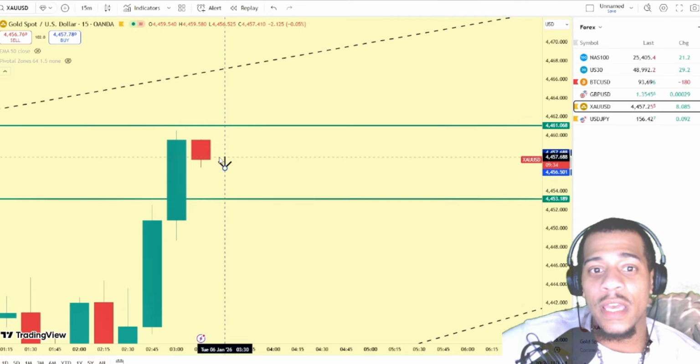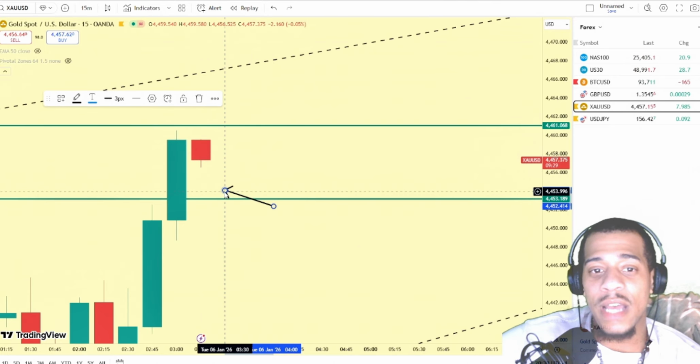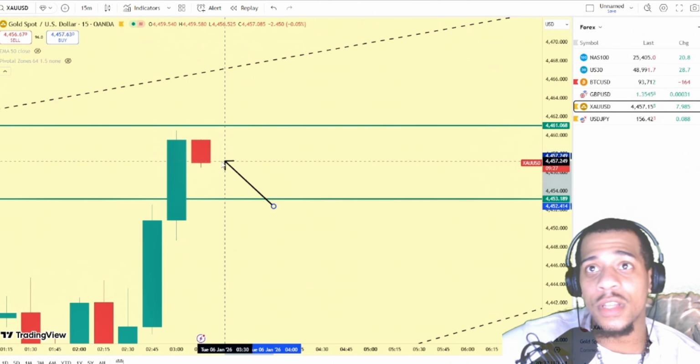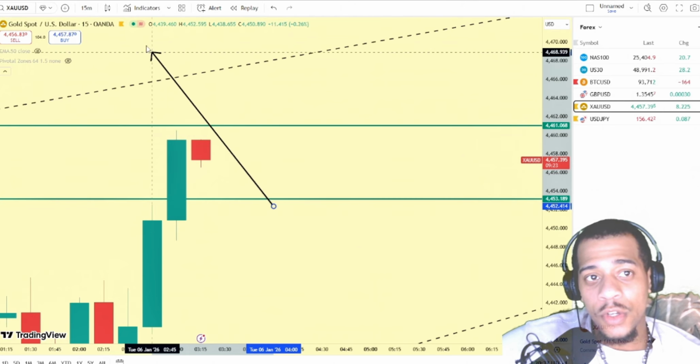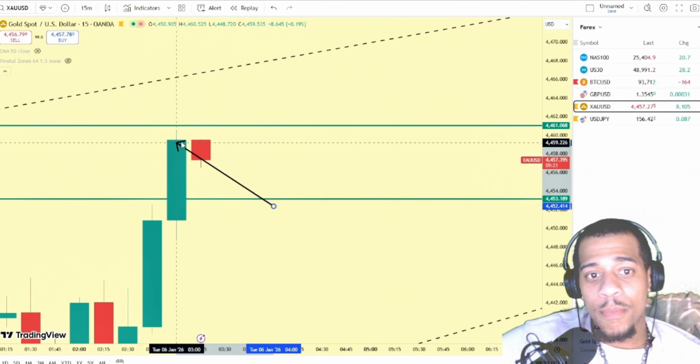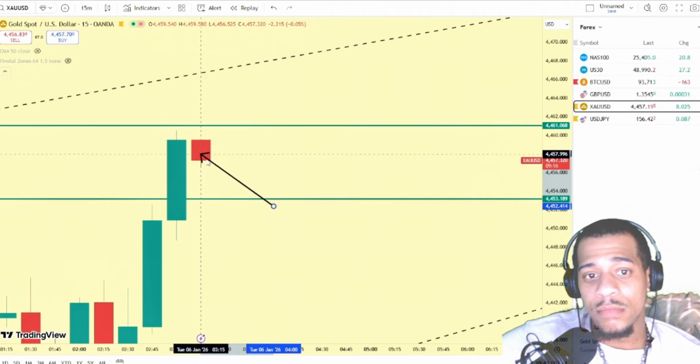Let me explain based off what we talked about what I see, and I'm going to add on another layer. So during this 15 minutes, price has been going down, right? Price opened here.